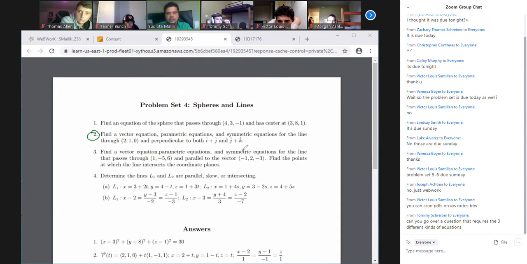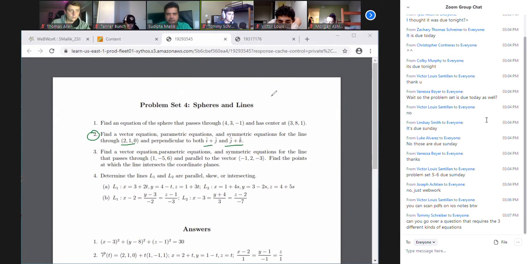Find a vector equation, parametric equation, symmetric equation of the line through this point and perpendicular to both. So to get an equation of a line, what do you need? A point and direction vector, right? Right. So what will be the direction vector?